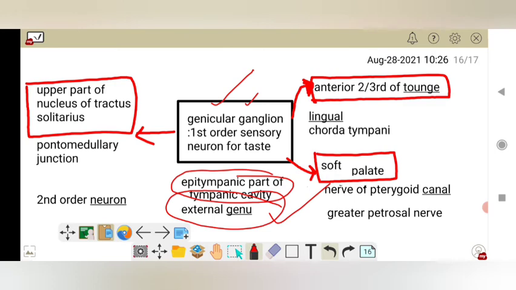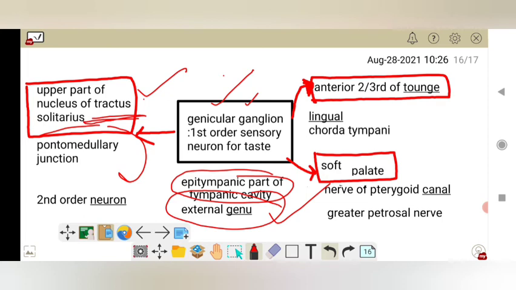Now central fibers from the geniculate ganglion pass taste sensation to the upper part of the nucleus of tractus solitarius, located in the pontomedullary junction, and it acts as the second order neuron for the taste pathway. Taste pathway we will study in detail in another lecture.